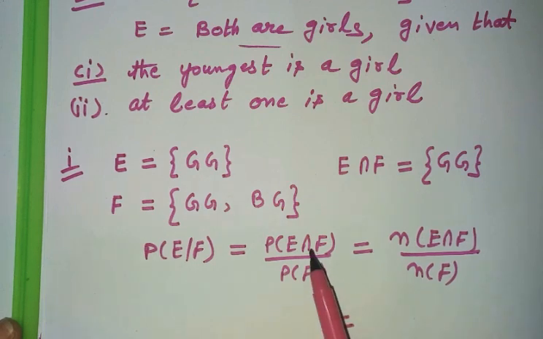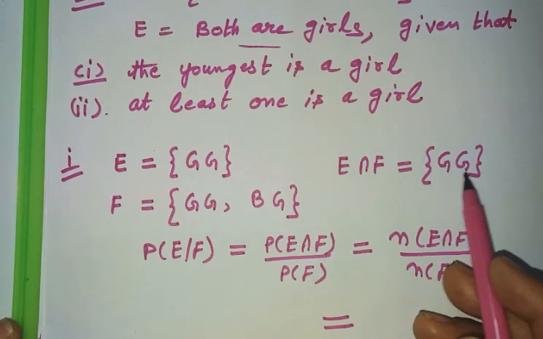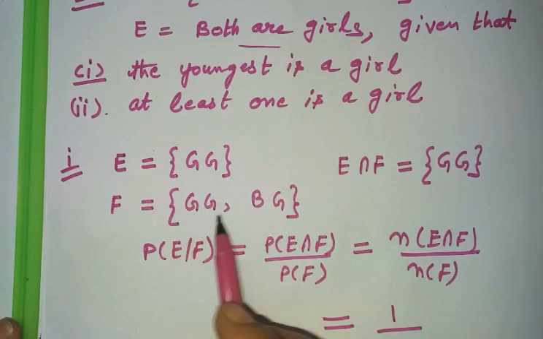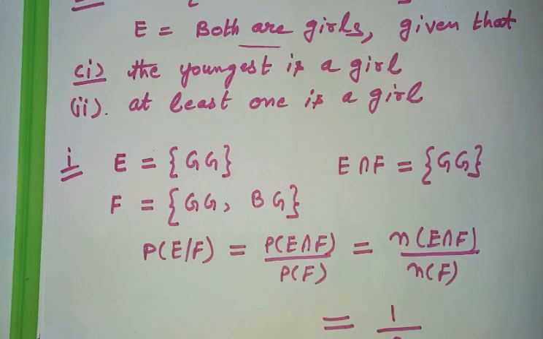So instead of calculating the probabilities, you can simply calculate the number of elements in these two sets. I can see that the number of elements is 1 in set E intersection F, and in F there are 2 elements. So we got the required probability to be 1 by 2.